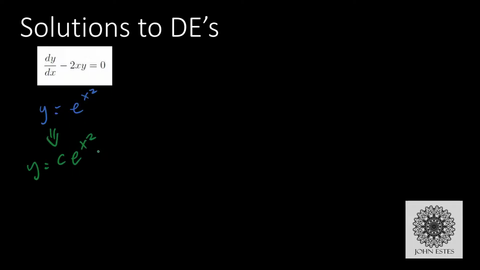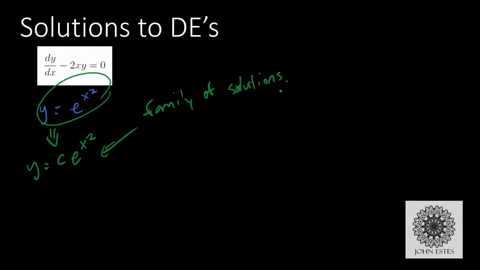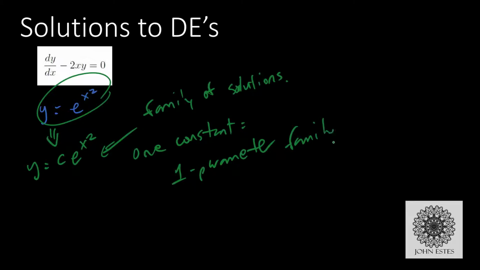For this reason, we consider e to the x squared power a solution. If I multiply that by a constant, I generate a family of solutions. And since it only depends on one constant, we call that a one-parameter family of solutions.